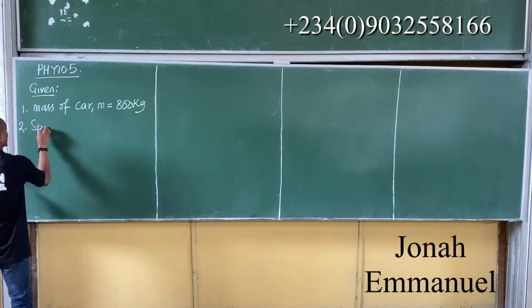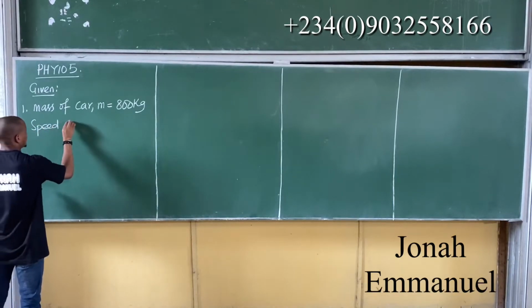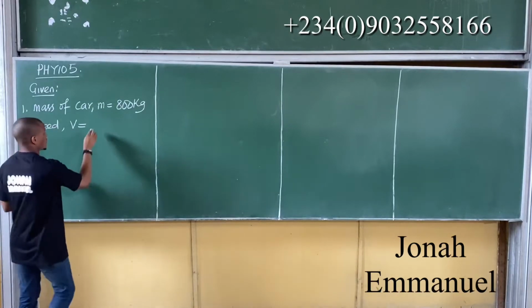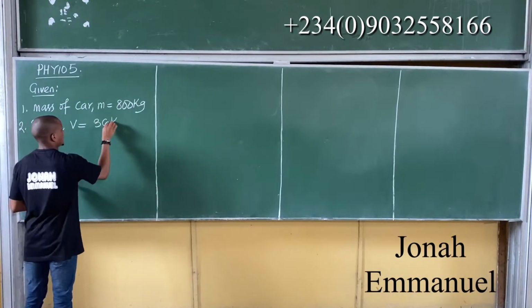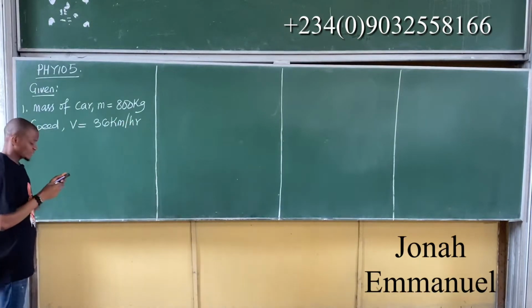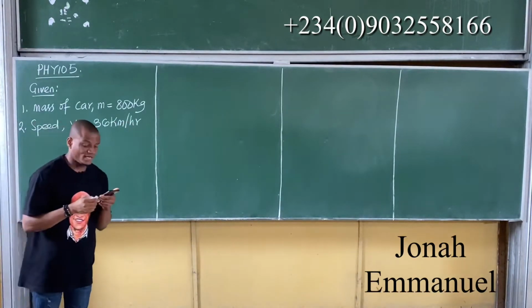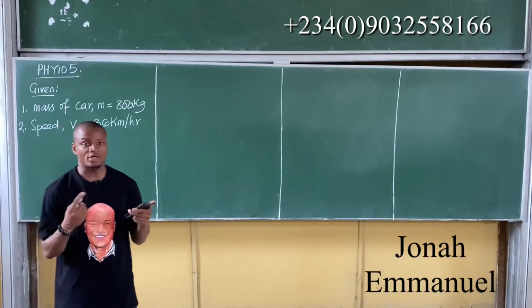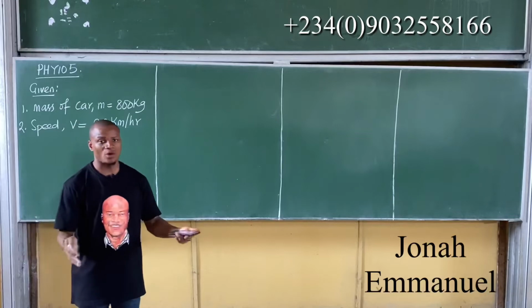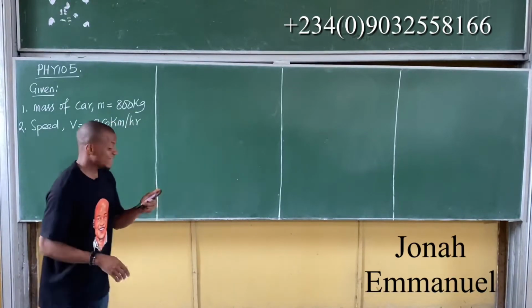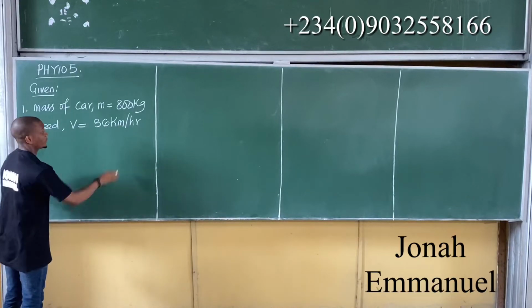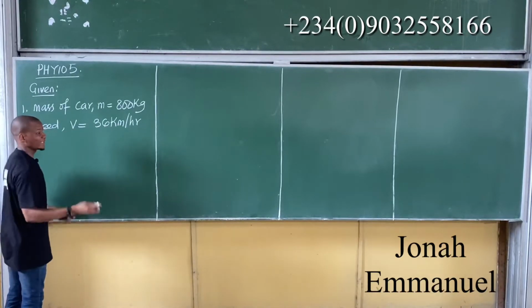Let's use velocity, V, equal to 36 kilometers per hour. They also said an inclined plane of 1 in 8. I will tell you what 1 in 8 means much later, but our first task now will be to convert this speed from kilometers per hour to meters per second.